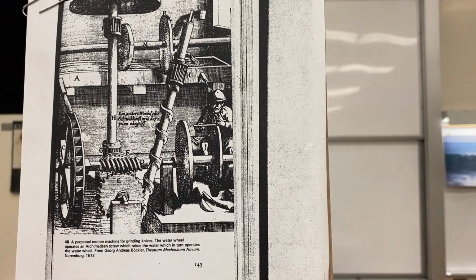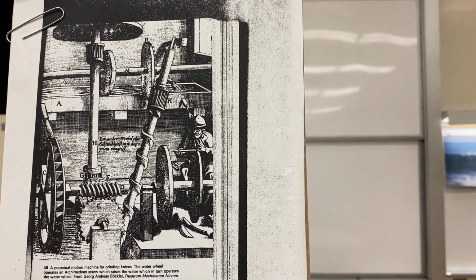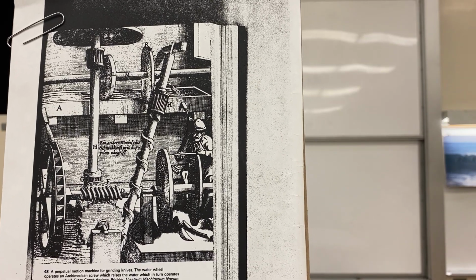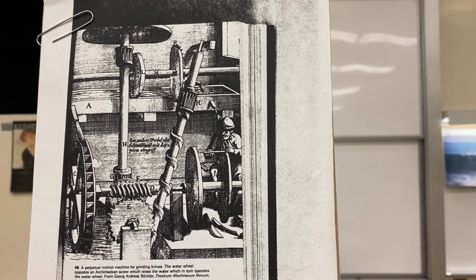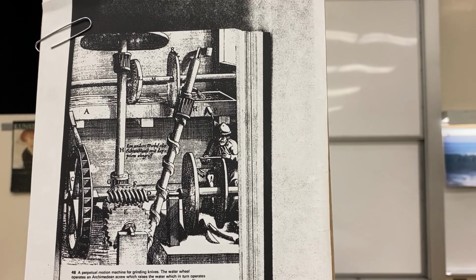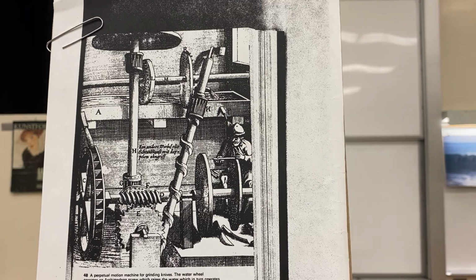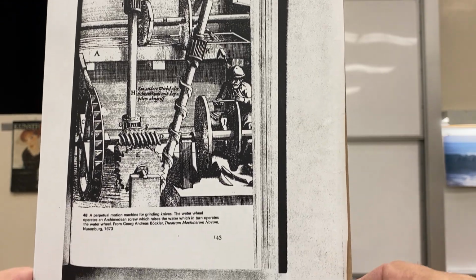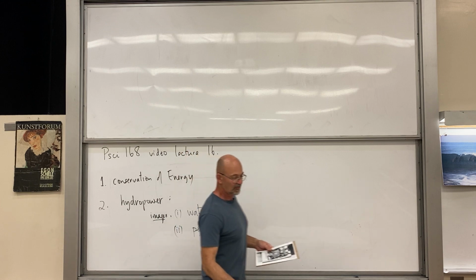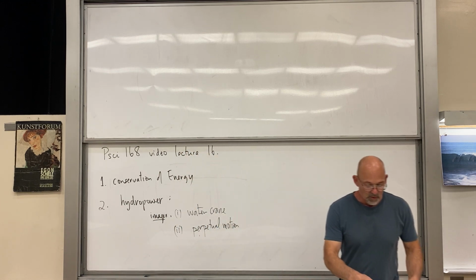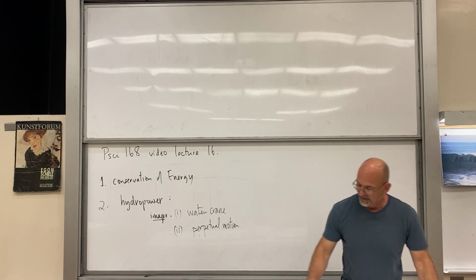Okay, see, there's the text. There's the knife grinder, and there's a mechanical contraption with a water wheel with a tank of water up there at A. Good. That's the best we're going to do under these circumstances. So you want to have a really good look at these.